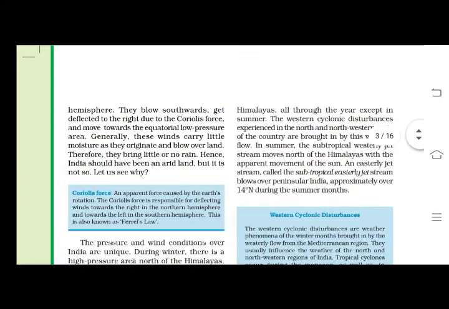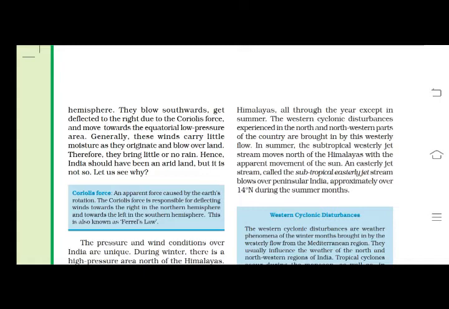Previously we talked about the Coriolis force. Here a definition is given: an apparent force caused by the Earth's rotation. When the Earth rotates, the force produced is the Coriolis force. It is responsible for deflecting winds towards the right in the northern hemisphere and towards the left in the southern hemisphere.